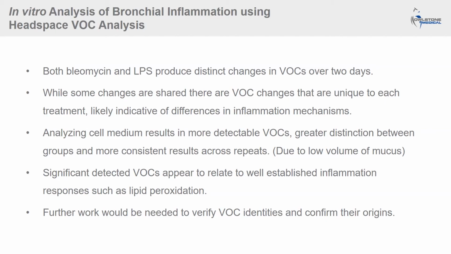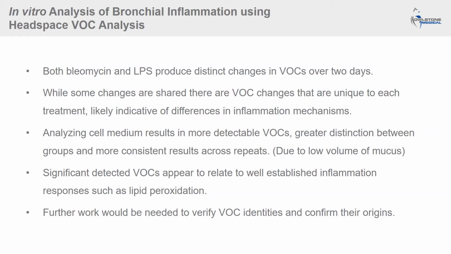What is pretty important to say here is that if we compare the results obtained from mucus and media, we notice that for the mucus samples, variation between replicates was much, much higher. And that's pretty understandable, because the amount of mucus that is collected above the cells is really limited.